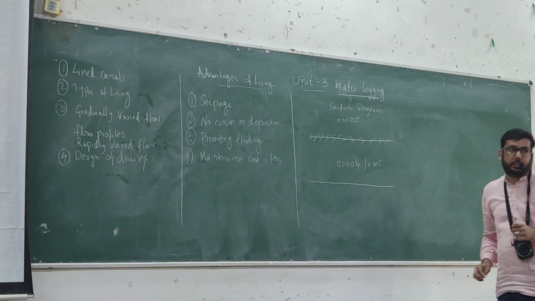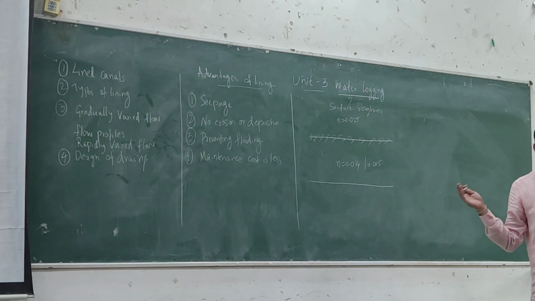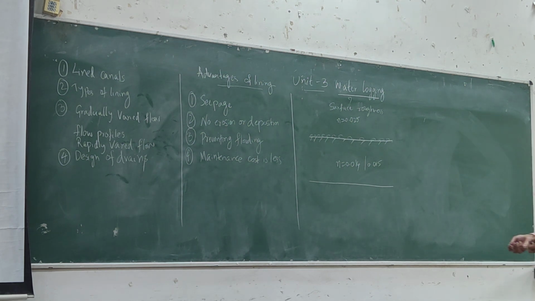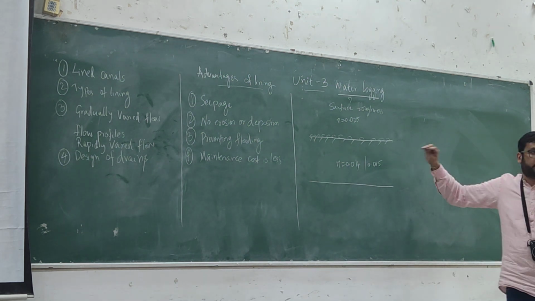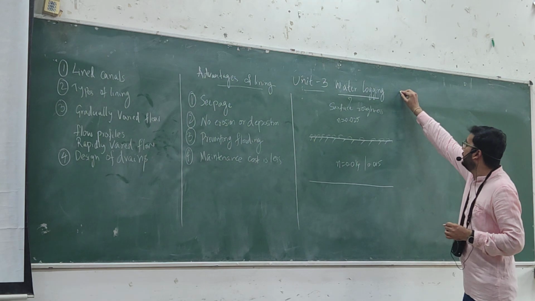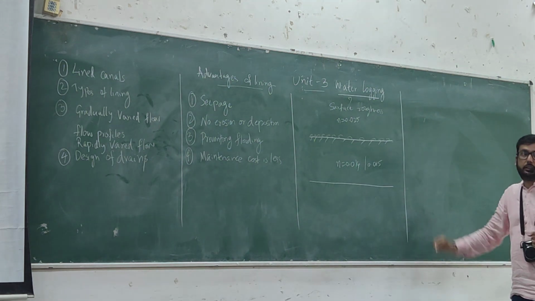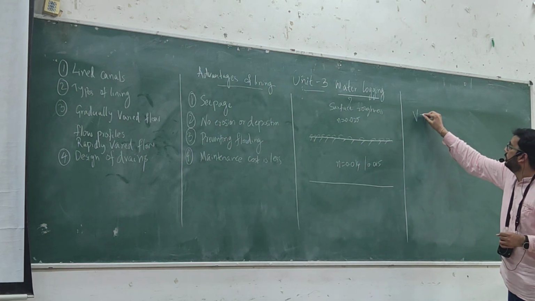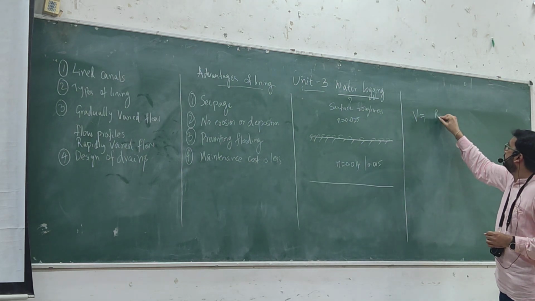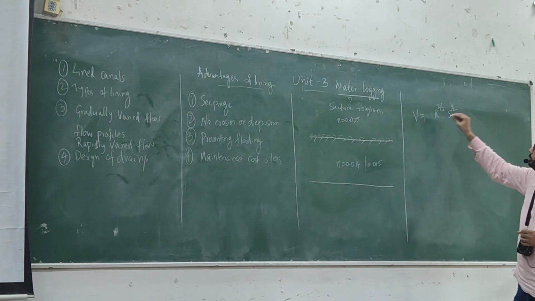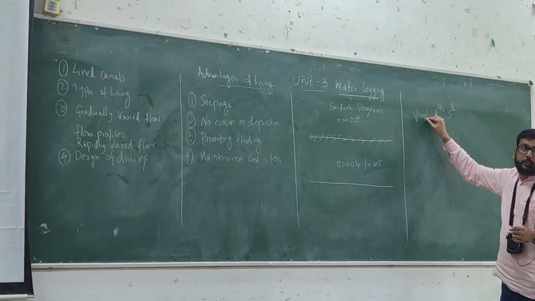If you look up the Manning's n table, there could be a Manning's n value for lining of concrete, so that you can pick up. So now when we design the lined canals, what would be the key differentiator? What principle did we use for designing canals? 1 by n.